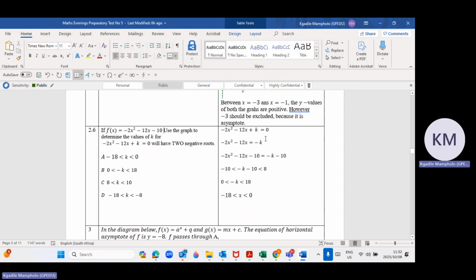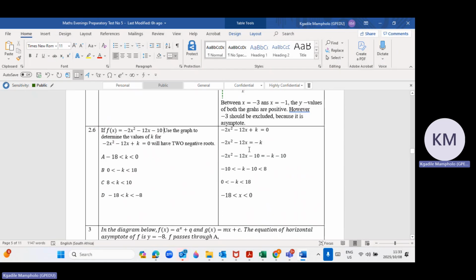Let's check. Here we say -2x squared minus 12x plus k equals 0. Now, remember we have to use the graph to determine those values. But the equation of the graph is not minus 2x squared minus 12x. It's minus 2x squared minus 12x minus 10.